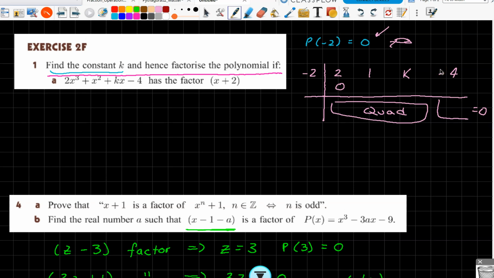Or back to up here. What else could we have done to solve A? Once you found k, how else could you do it? So we've got one method here, blue. We've got another method, pink. There's a third method to solve.